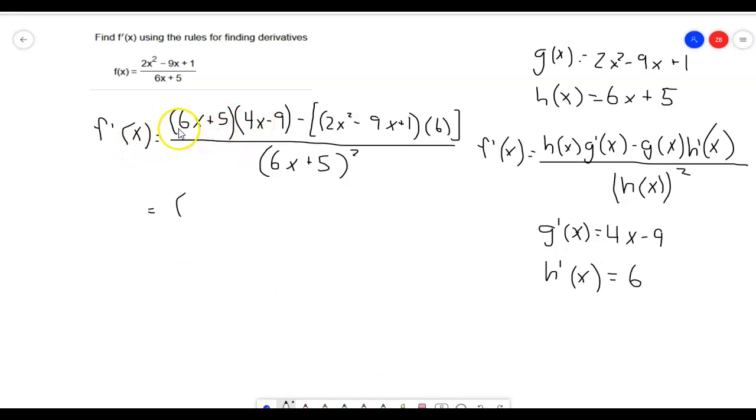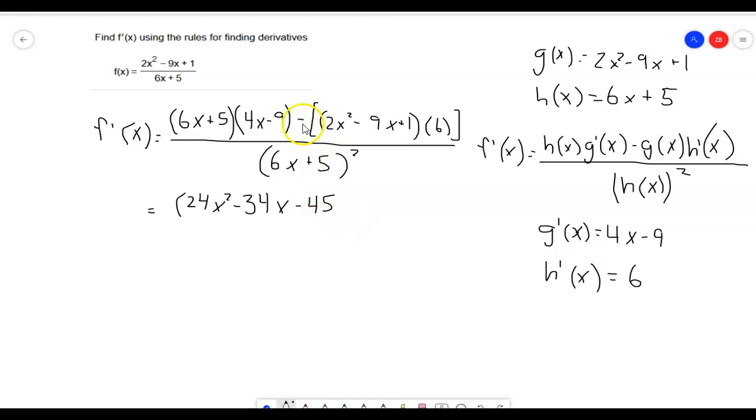So this is going to be 6 times 4, 24x squared. This is going to be 20x and minus 54x, so that will be minus 34x, and that's minus 45.